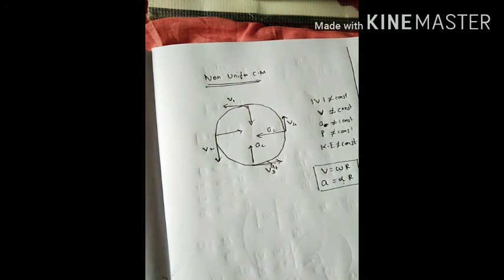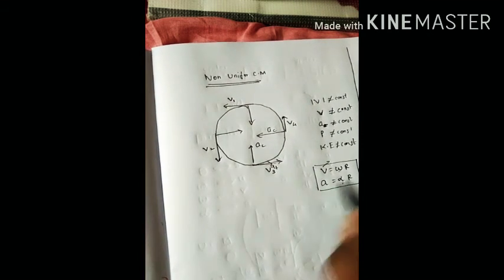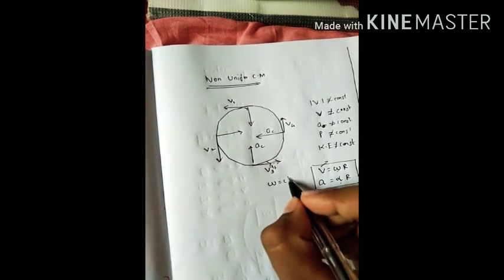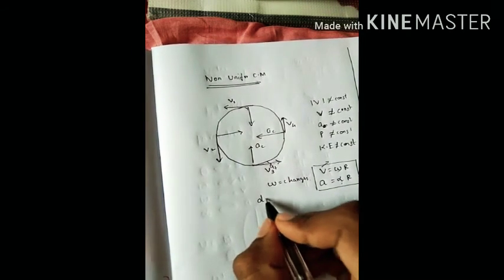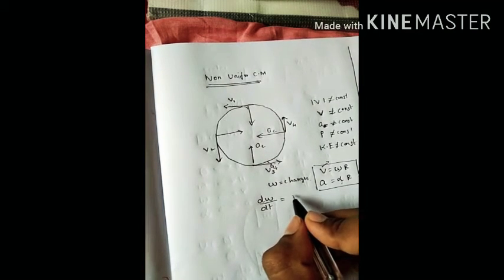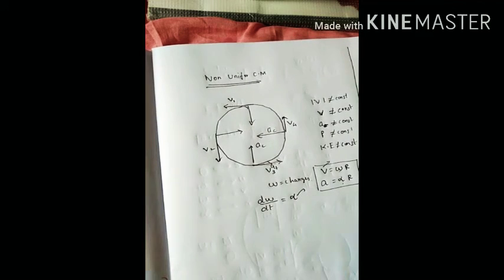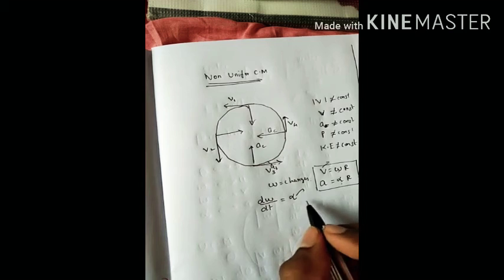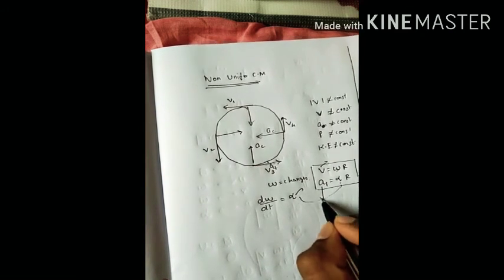But in the case of non-uniform circular motion, the v does not remain constant. Hence, the omega must be changing. Then change in omega is referred to as angular acceleration. When it has angular acceleration, in this formula there exists some tangential acceleration.